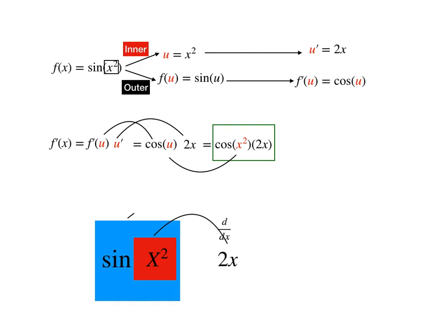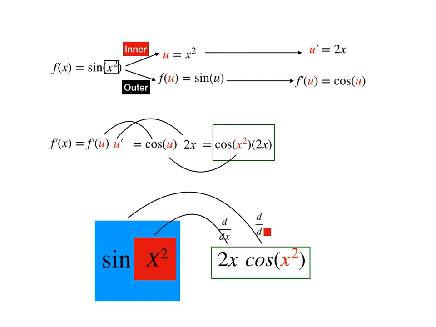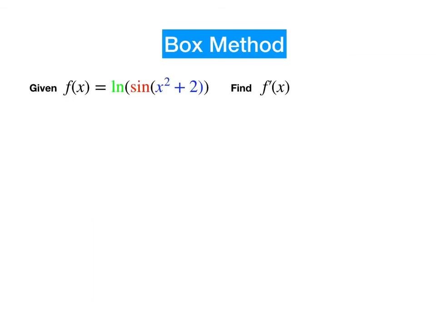And then I find the derivative of sine in terms of the red box, d over d red box, because I want to emphasize that it's not d over dx, but the variable has to be whatever is inside the red box. So you have cosine of the red box, which is cosine of x squared, which gives you the same answer that you found earlier. I think this could be a method. It's a box method, that's what I call it.